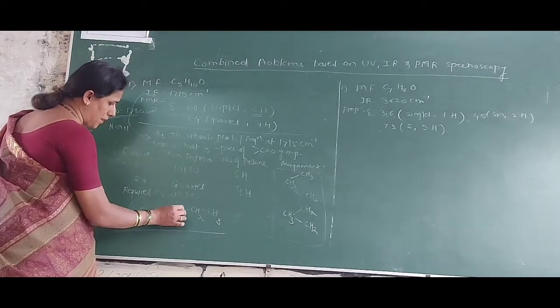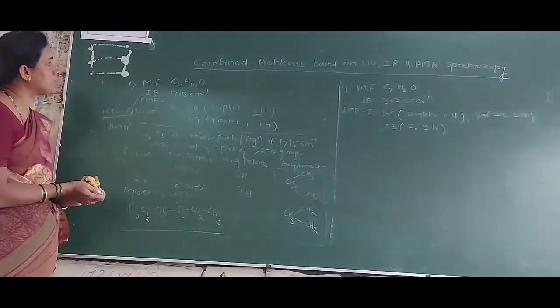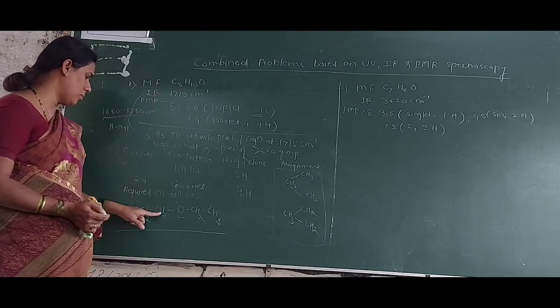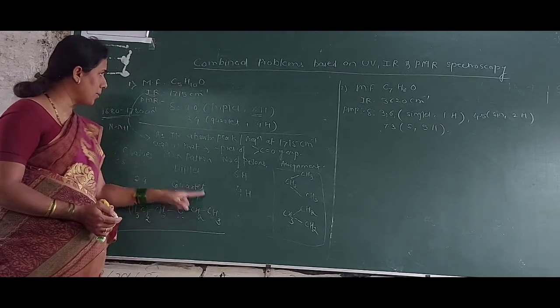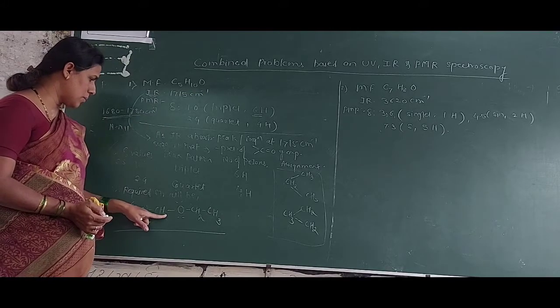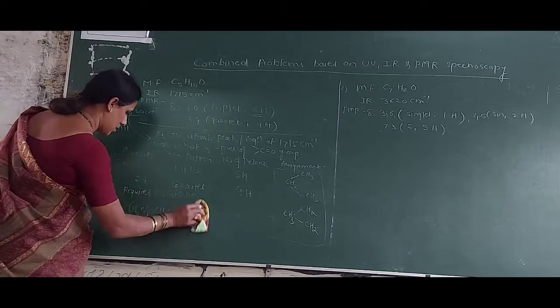Therefore, the total of this is C5, 2, 3, 4, 5, with the oxygen atom. 3 plus 6, 6 plus 8, this is somewhat a long structure.